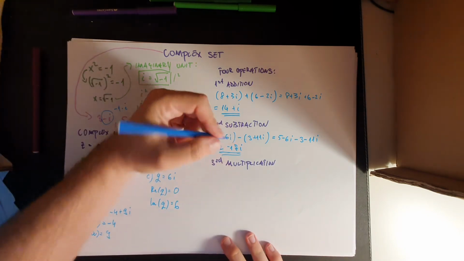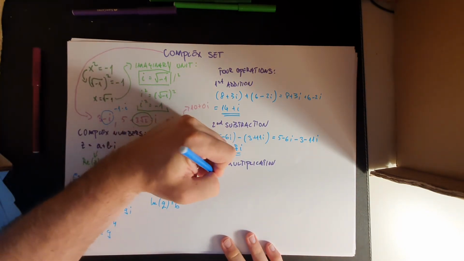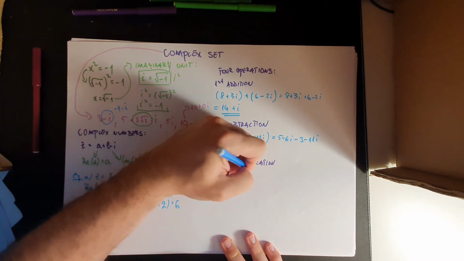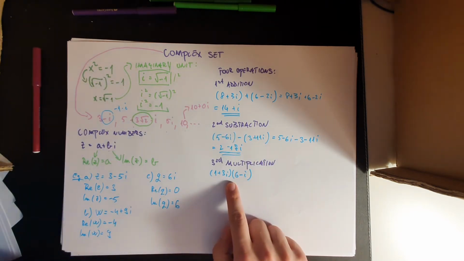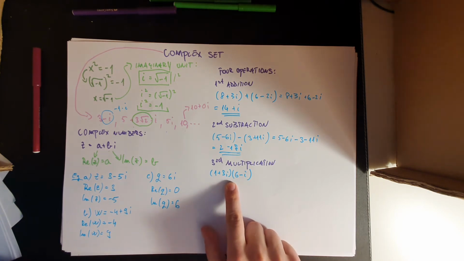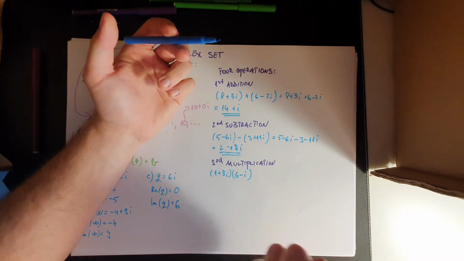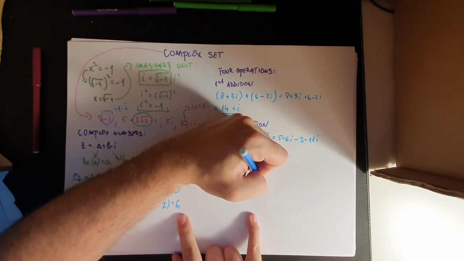So the first one is going to be 1 plus 3i times 6 minus i. Of course, I don't have to write down the multiplication sign between them, because they are going to be multiplied with one another. Watch out now.